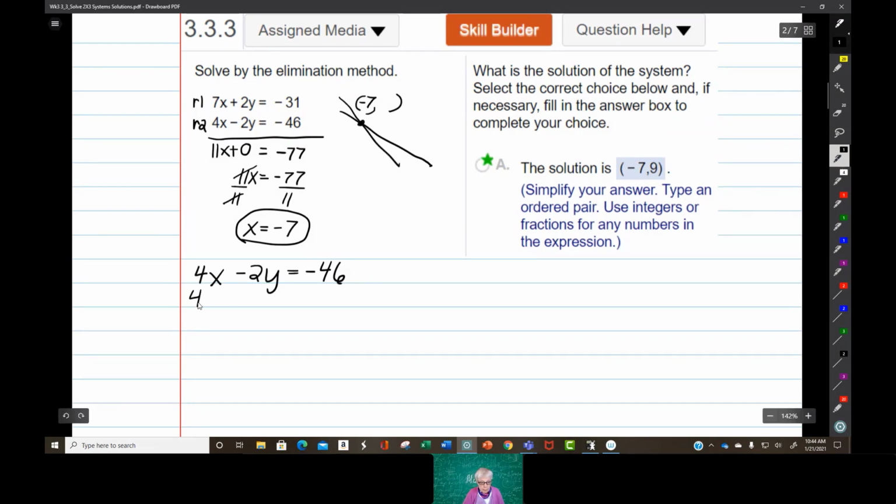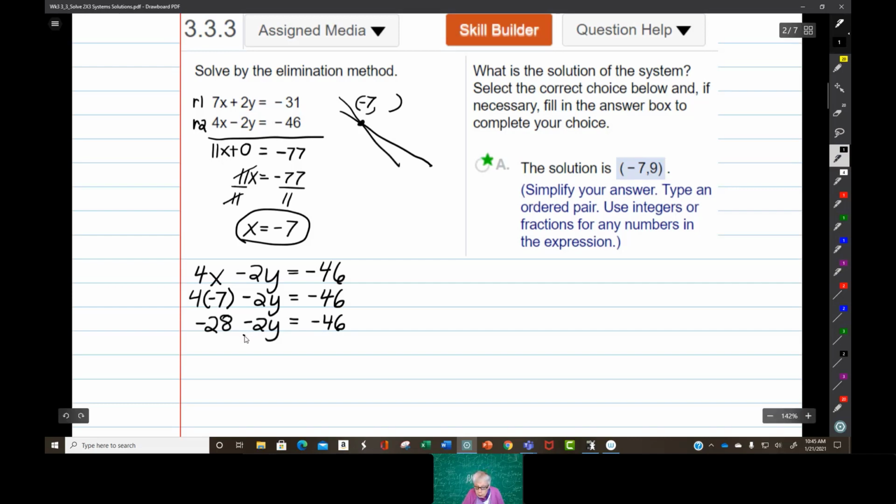So this is going to be 4 times negative 7 minus 2y equals negative 46. 4 times 7 is 28, so positive 4 times negative 7 is negative 28, minus 2y, which is the same thing as negative 2y, equals negative 46.